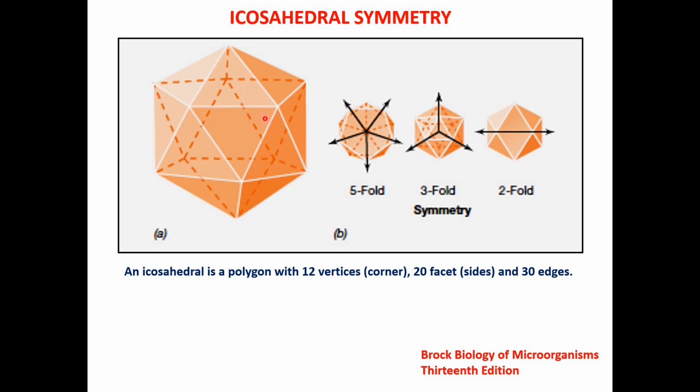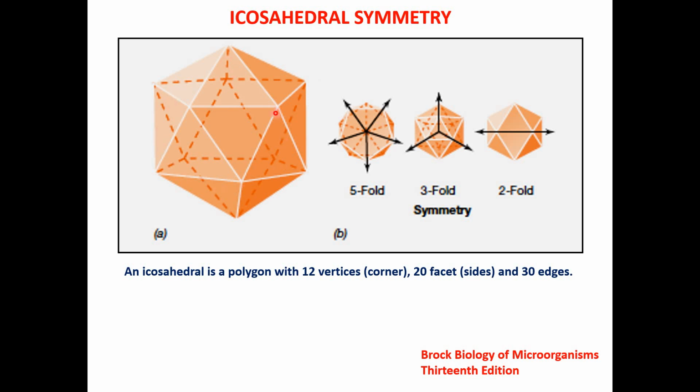And the icosahedral symmetry again follows a 5-3-2-fold symmetrical pattern. What does that mean? It means we can divide the icosahedral symmetrical structure into 5, 3, and 2 identical portions.